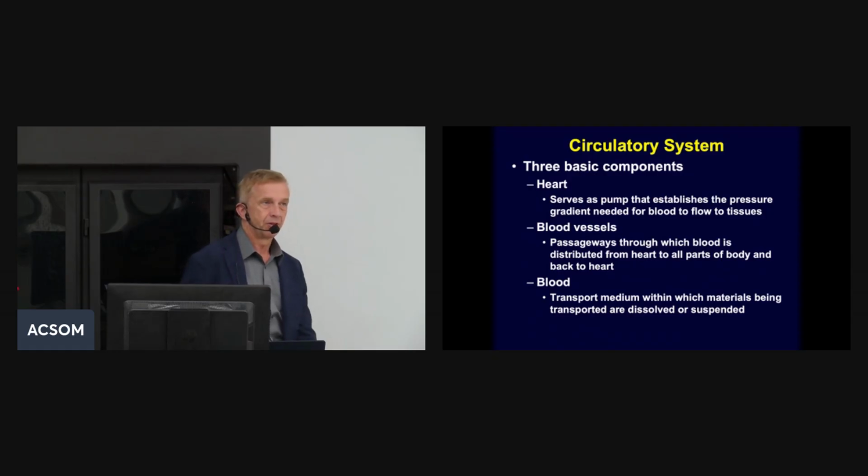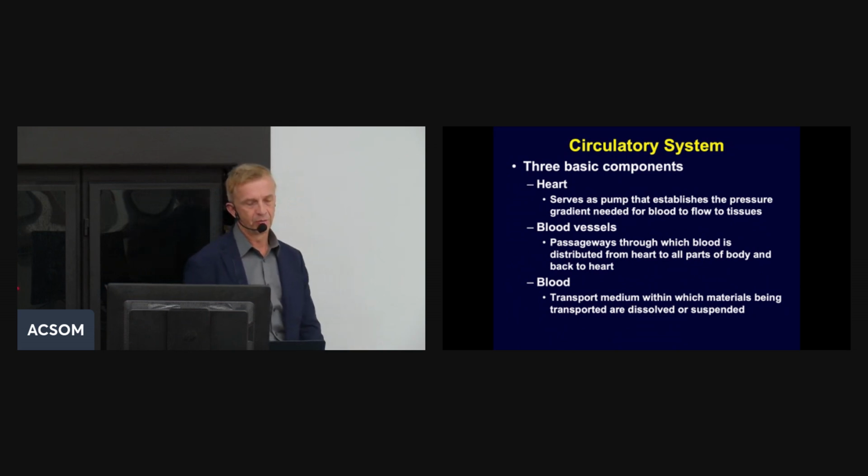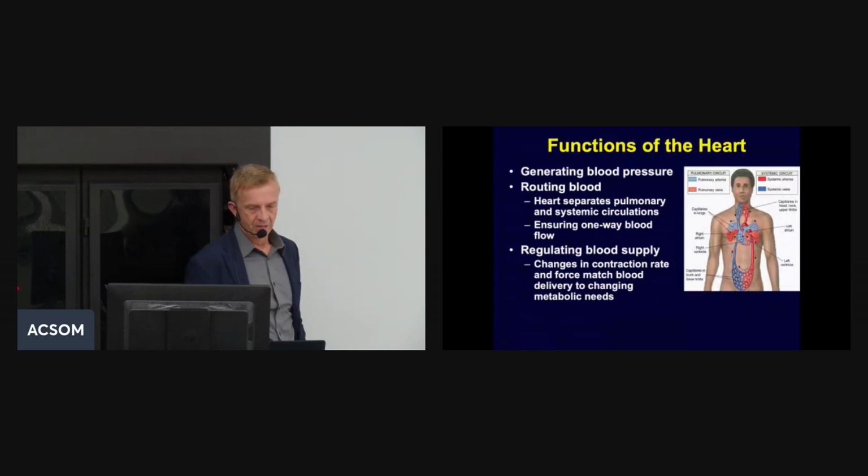It is not only pathology, and obviously with age, when the arteries are less elastic, in some people the blood pressure, especially the systolic blood pressure, increases. But that's another topic, blood pressure and blood pressure regulation. We're not going to talk about the blood pressure today. And the blood as a transport medium. So, three basic components of the circulation system.